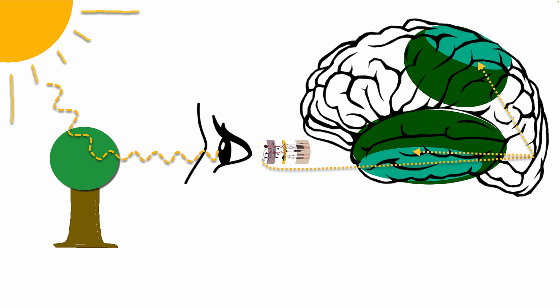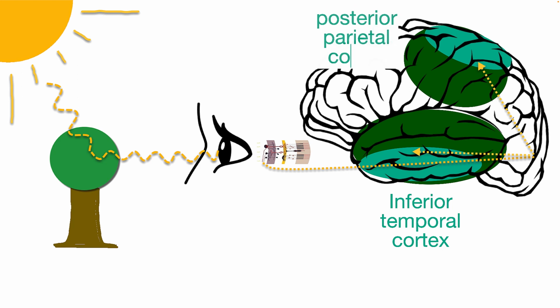For example, visual information that gets sent to the inferior temporal cortex helps us to identify what we are seeing, what an object is. Visual information that gets sent to the posterior parietal cortex, on the other hand, helps to visually guide our actions with the objects that we see. To be able to reach out and pick a leaf from a tree, for example.